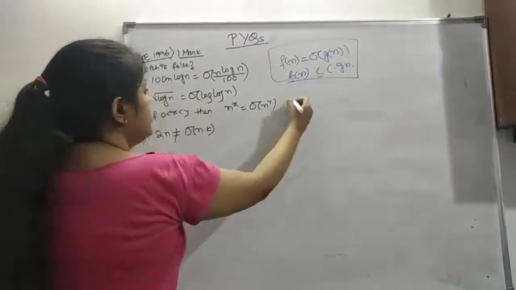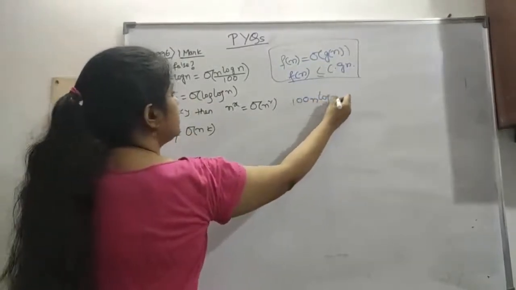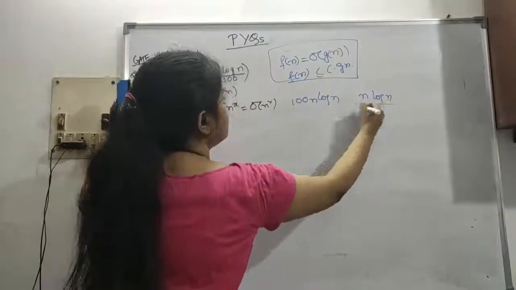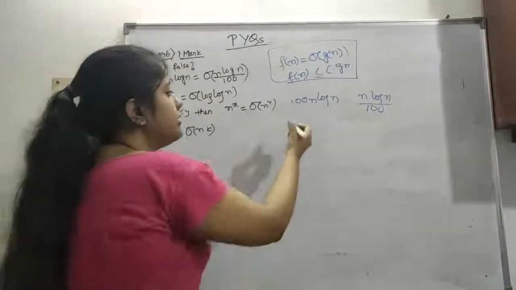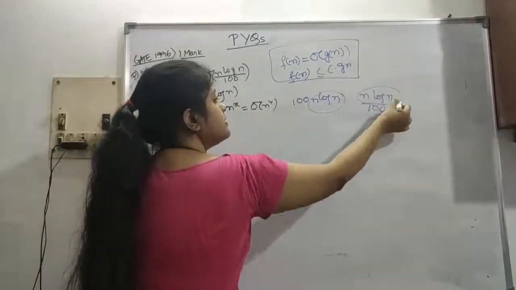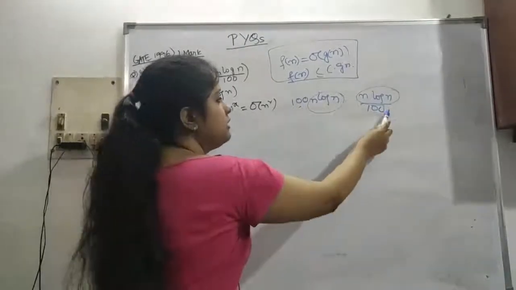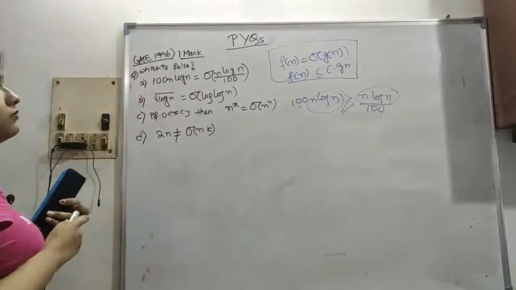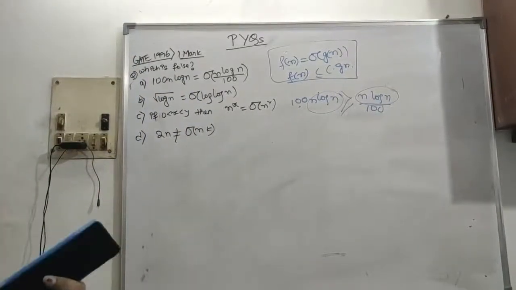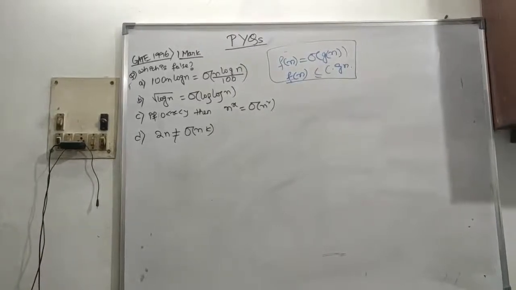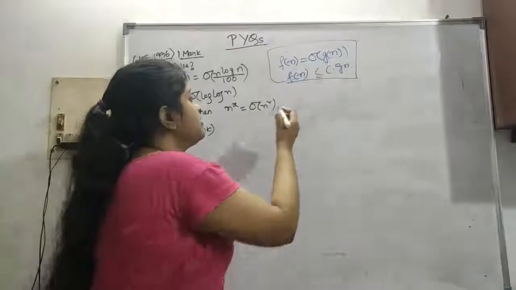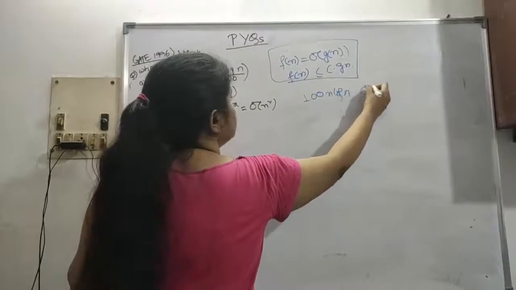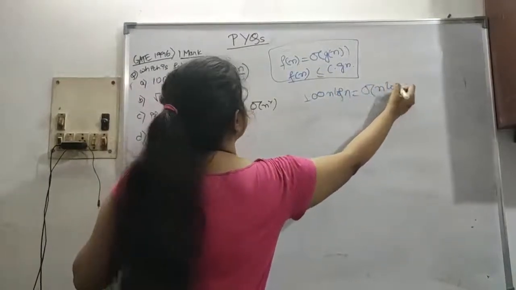Now let's see the first option: 100 n log n, and here it is given as n log n divided by 100. Here you are multiplying by 100, there you are dividing by 100. Sorry, I was thinking something else, I made a mistake. So this is 100 n log n, and here it is given as order of n log n base 100.